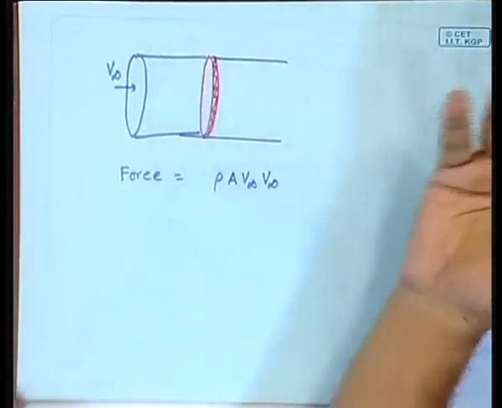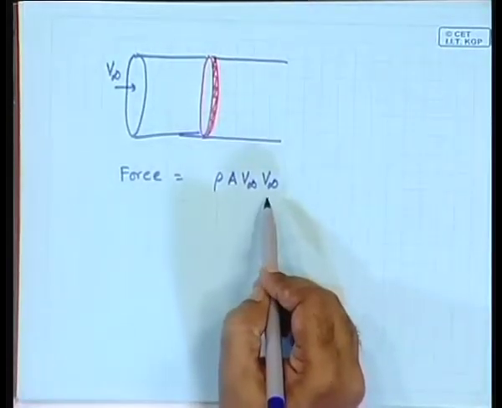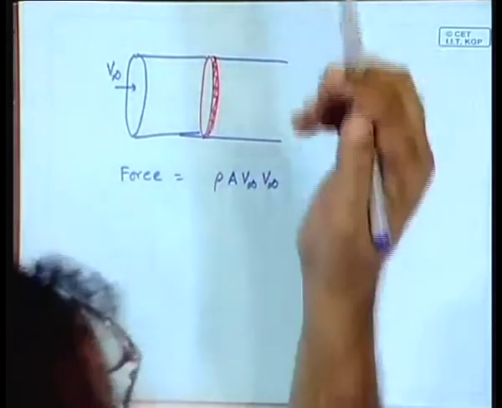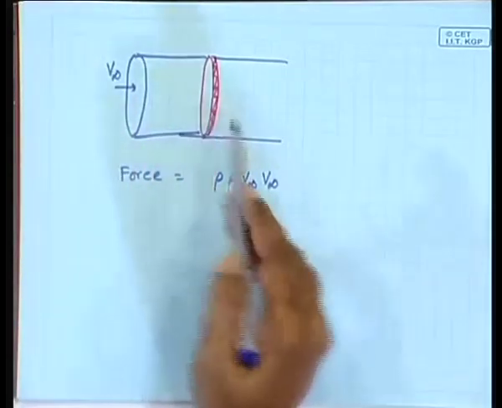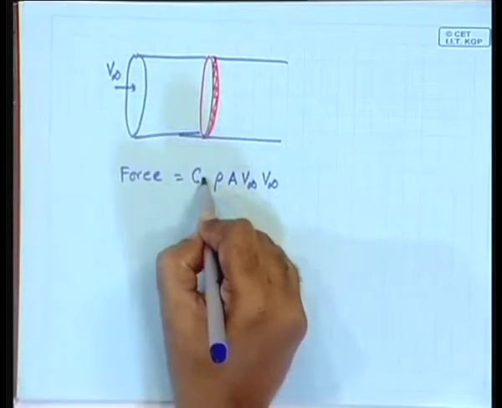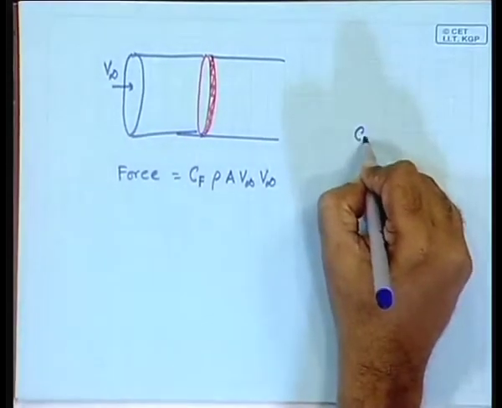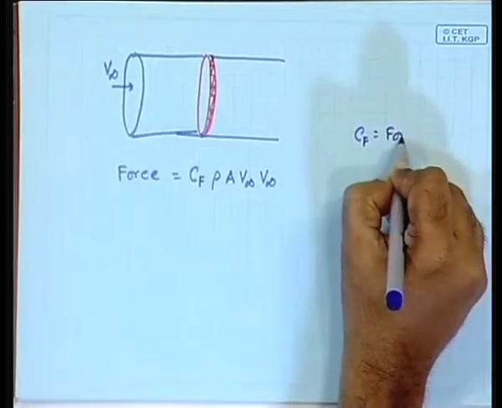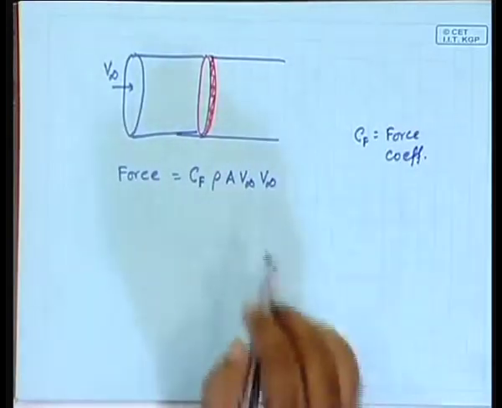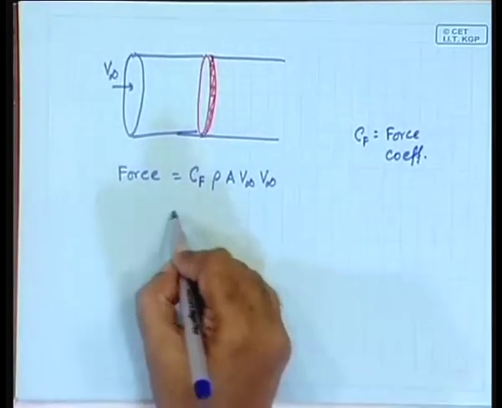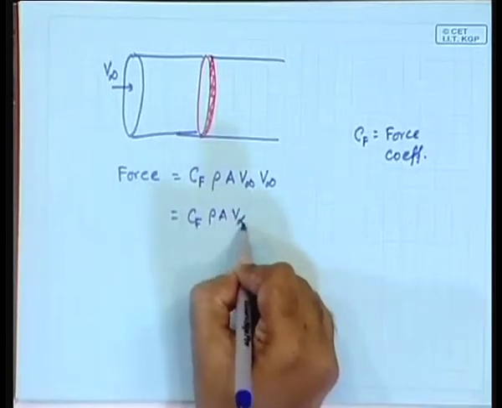So how much is the change in momentum? This. Well, normally not the full change in momentum is transferred into this, so there has to be something called a force coefficient. So Cf is the force coefficient, and in general the force is Cf rho A V infinity square.